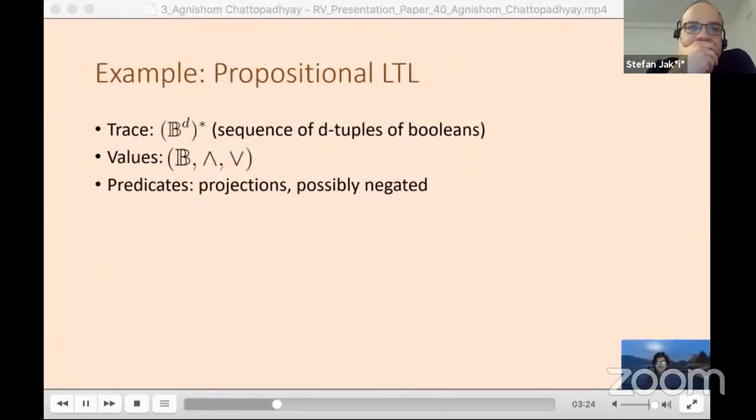Propositional temporal logic fits into this setting. Here, the traces are sequences of d-tuples of Boolean values, where d is the number of atomic propositions. The lattice of truth values consists of true and false, where and, or take the role of meet and join in that order. The predicates project out specific valuations or the negations of each tuple.